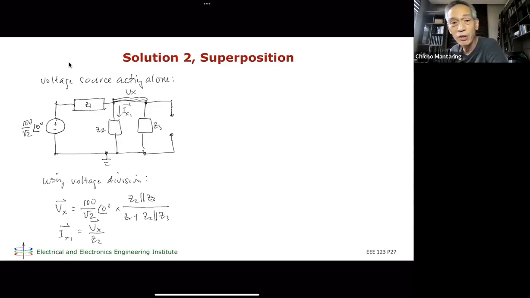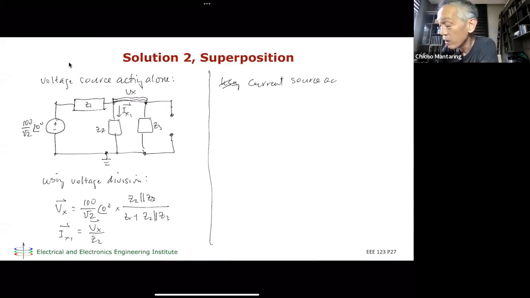So you have plenty of ways to compute for I of x. Now what about the current source acting alone?